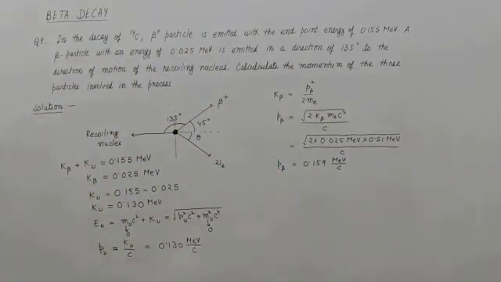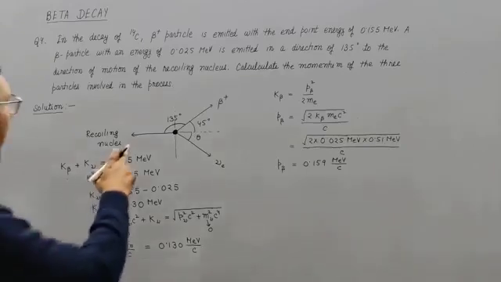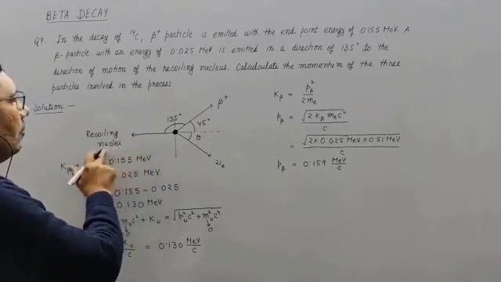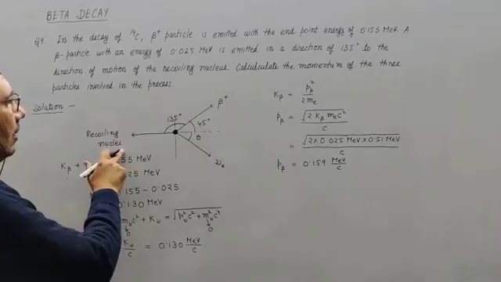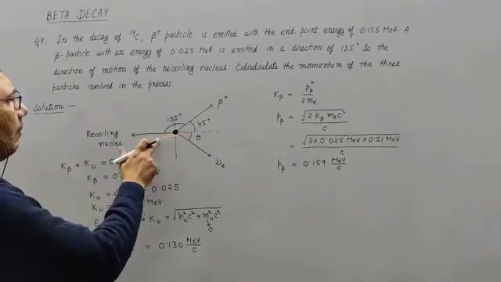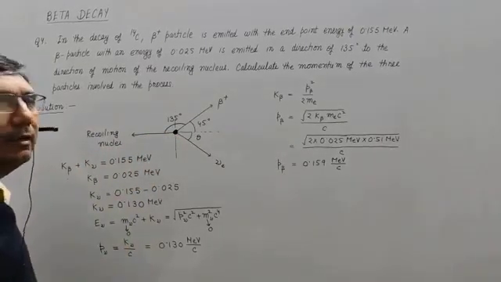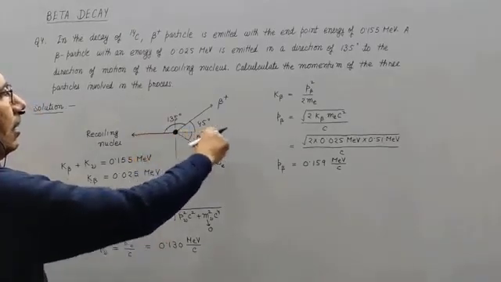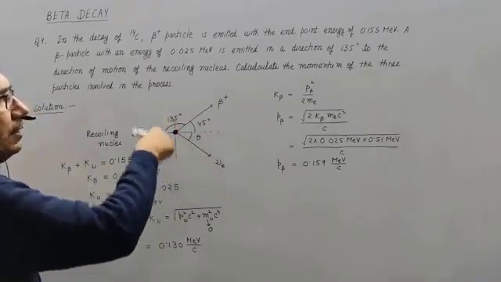Next we have to find out the momentum of this deuteron nuclei. To find the momentum of this recoil nuclei, we will apply the conservation of linear momentum in two directions, one along this line and one in the perpendicular direction.